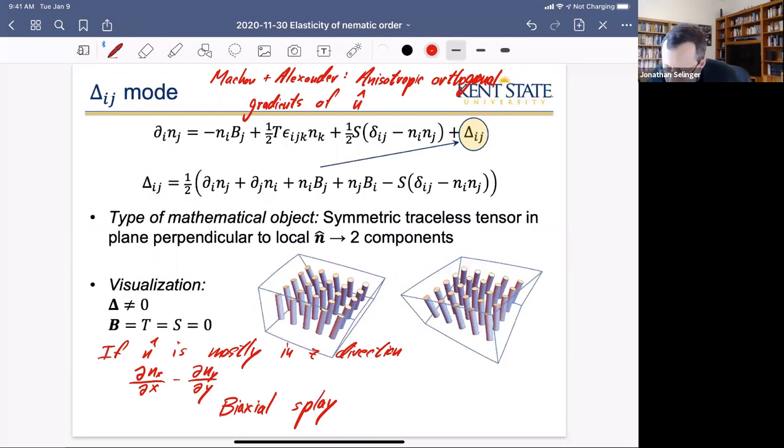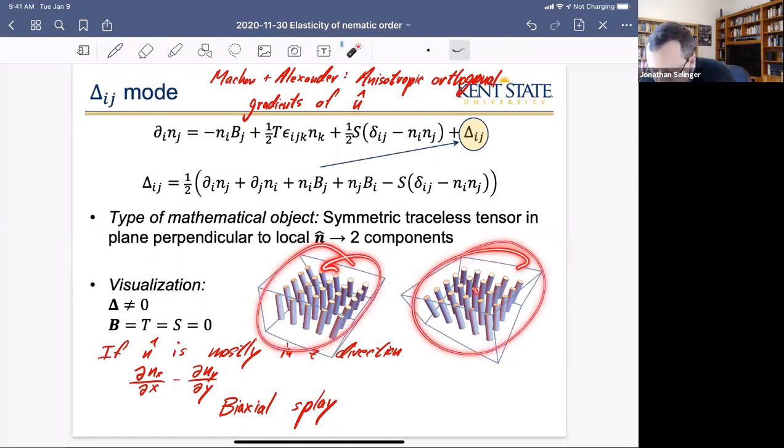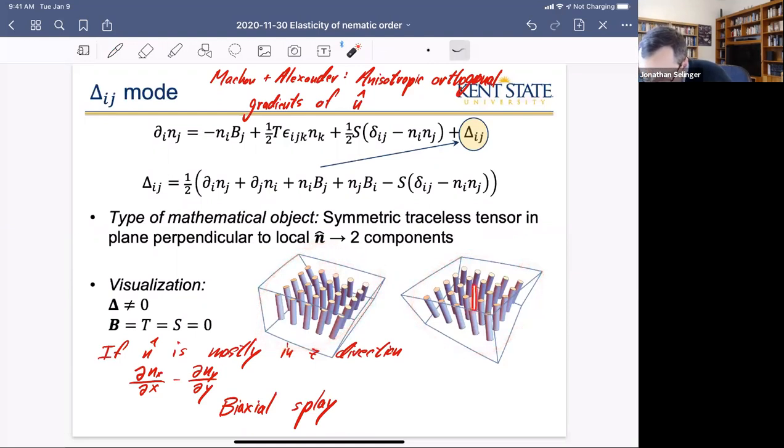If you take everything and rotate by 45 degrees about the vertical axis, then instead of this picture, you get this picture. Here, the director is vertical in the middle. If you go out along one of the diagonals, it tips outwards.